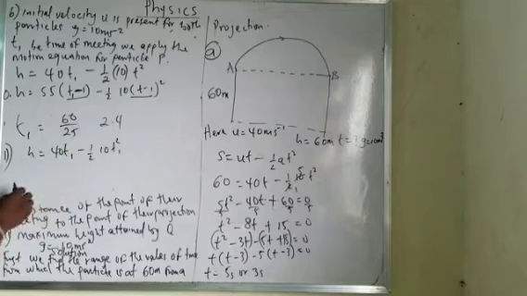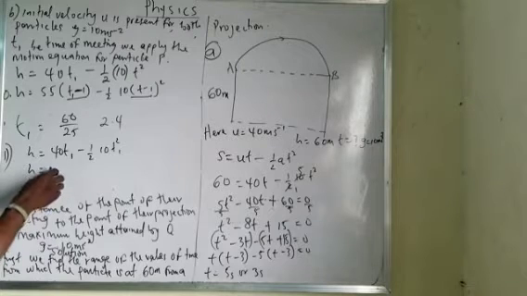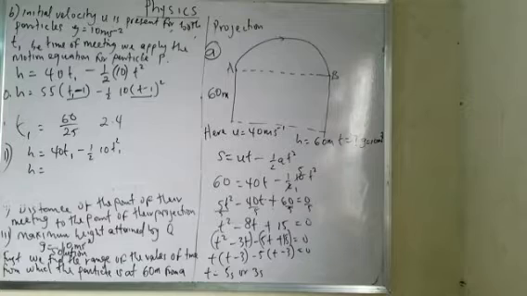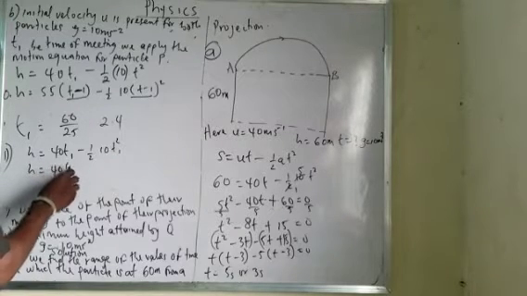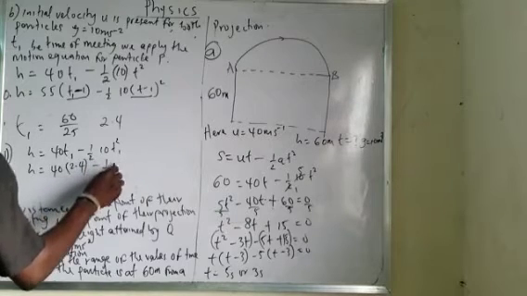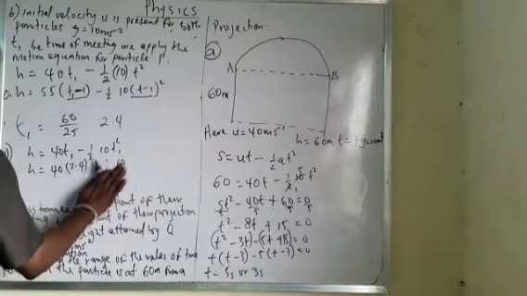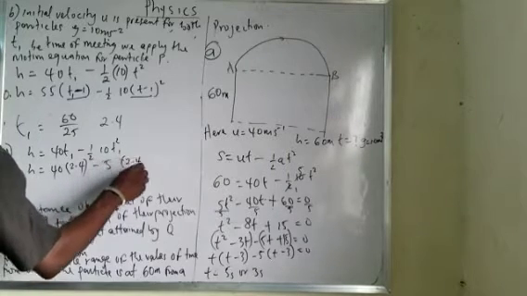Once I have it this way, I can press my calculator: 40 bracket of 2.4 minus 1, all over 2 bracket of 10, which is 5, bracket of 2.4 squared.